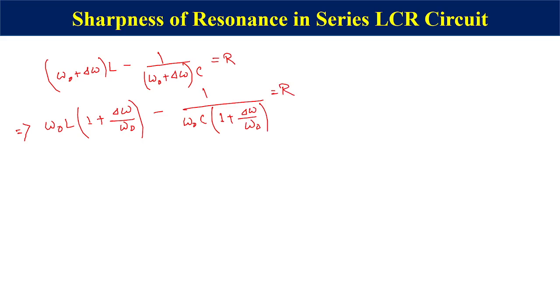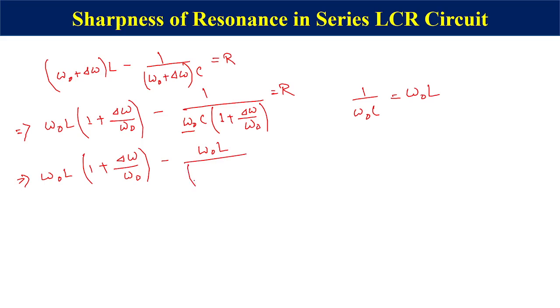Now we know that 1 upon omega naught C, what is omega naught? It is the resonant frequency. So at resonant frequency, the inductive reactance and the capacitive reactance are equal. So we get 1 upon omega naught C to be omega naught L. So I'm going to write it like this. Omega naught L (1 plus delta omega by omega naught) minus, here I am going to write omega naught L (1 plus delta omega by omega naught) to the power minus 1, that's equal to R. Alright.